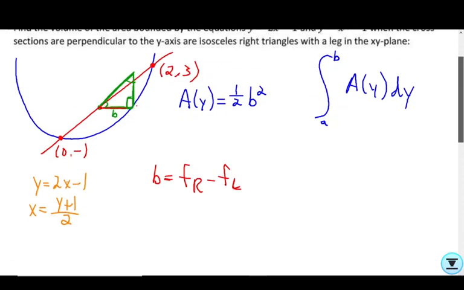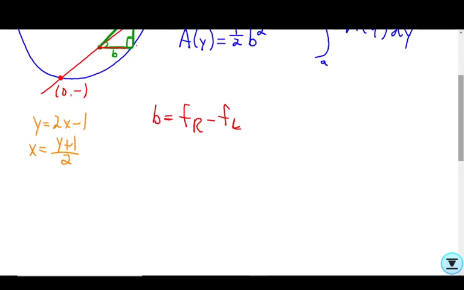And the other one, y equals x squared minus 1, ends up being x equals the square root of y plus 1. So you got to solve both of those to get in terms of y, get it as x equals. Which means that my base length is going to be the right one, which is my parabola, minus my linear function.